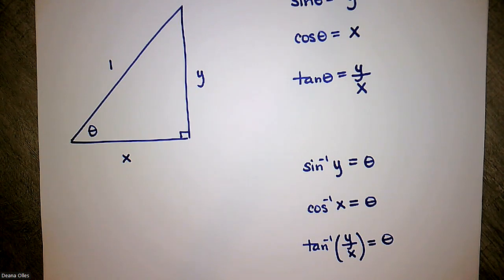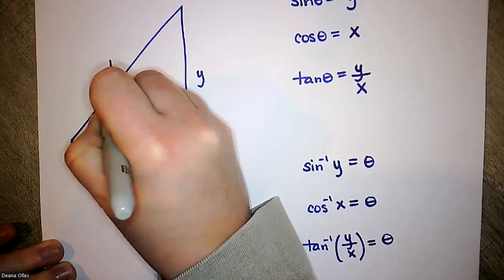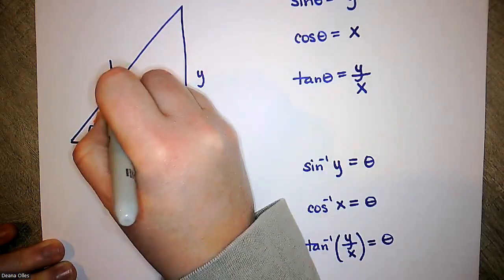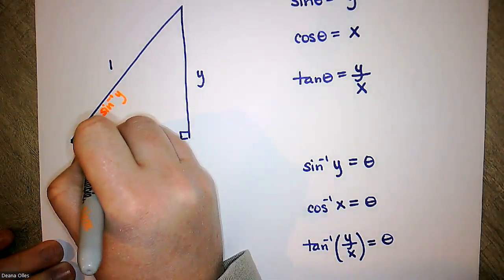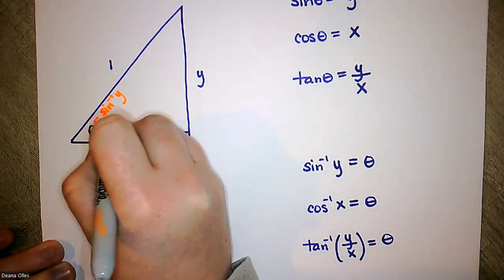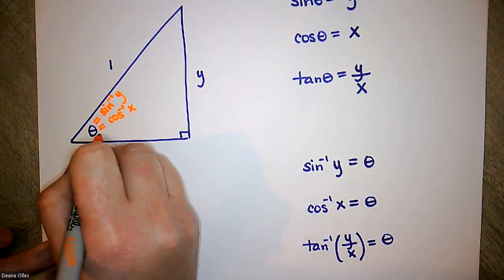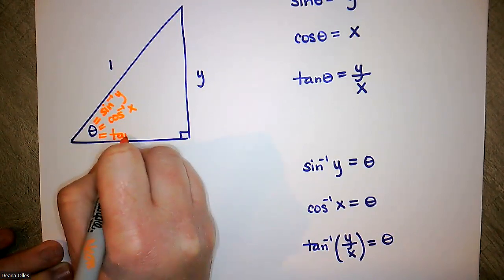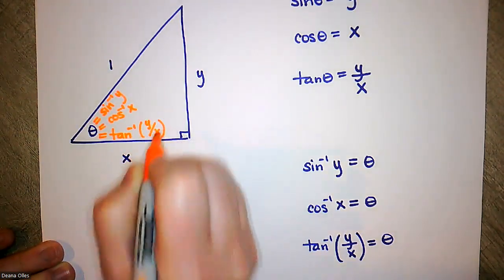But here's the point. If I'm looking at this right triangle, I can visualize theta as the inverse sine of the opposite side, y. I can visualize it as the inverse cosine of the adjacent side, x. Or I can see that theta is the inverse tangent of the rise over run, y over x.